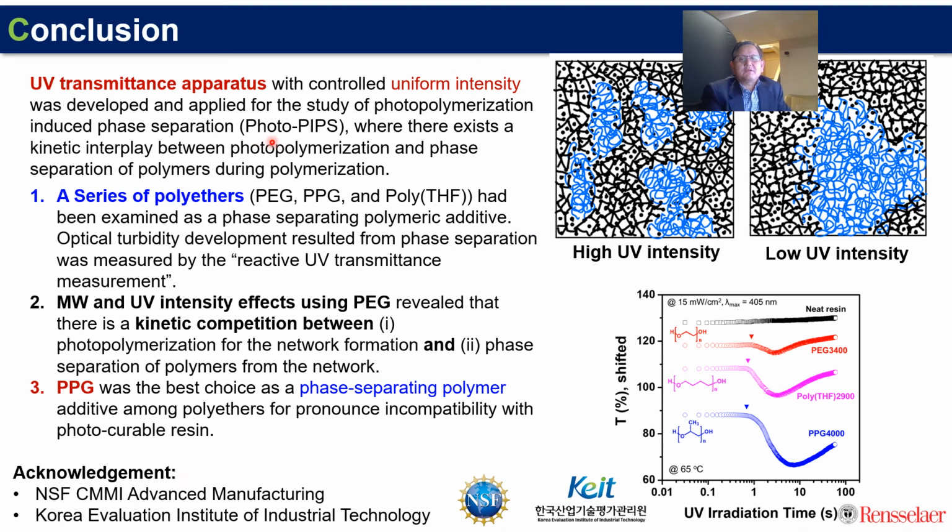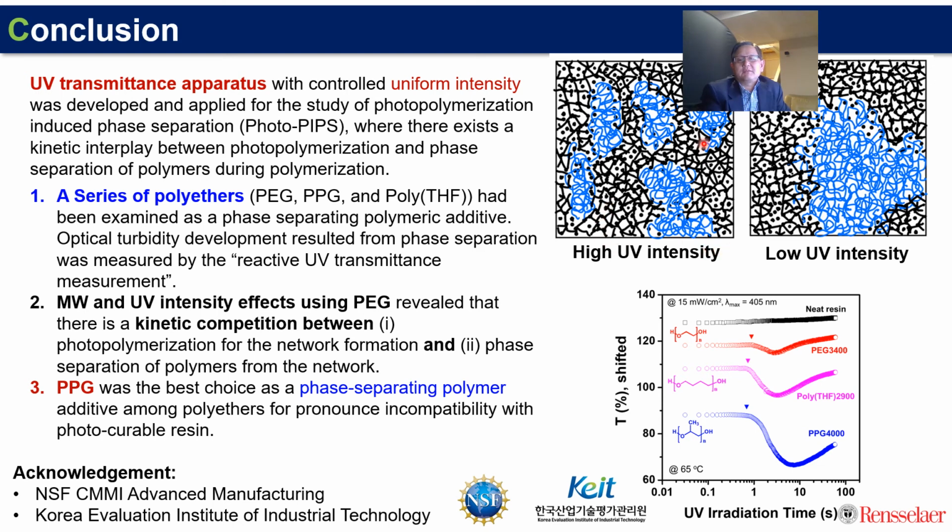So we have shown you that using the UV transmittance apparatus, we can really study the kinetic interplay, that is, at which intensity there is a switchover from behavior that shows some optical turbidity to one with smaller domains that does not show optical turbidity.